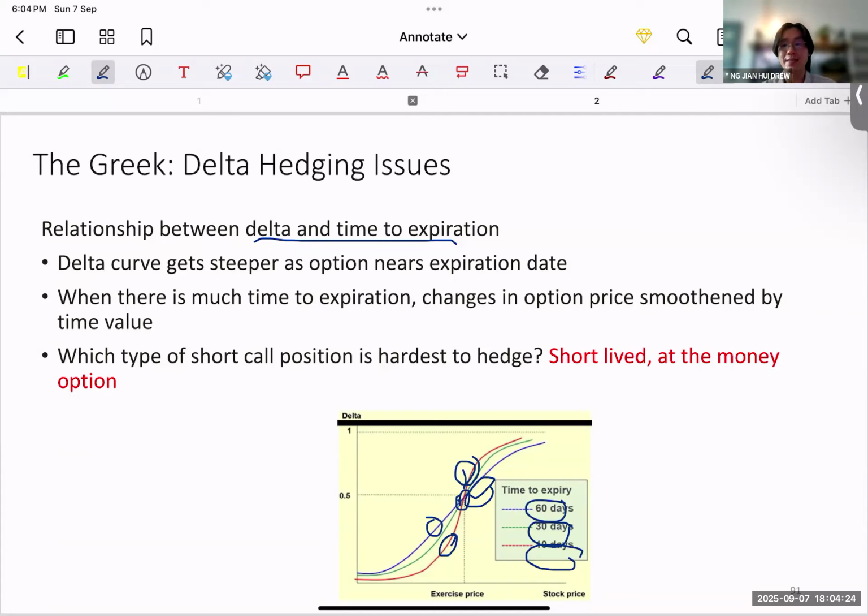So what does this mean? It means that there's going to be a sharp change in the delta, and the position will be very hard to hedge when our option is a short-lived, at the money option. So it's very close to exercise price here, and it's going to expire soon, and it's going to be in the money. That will have the highest delta.